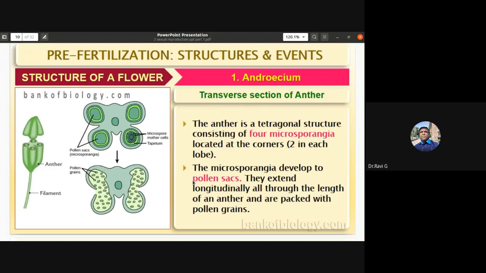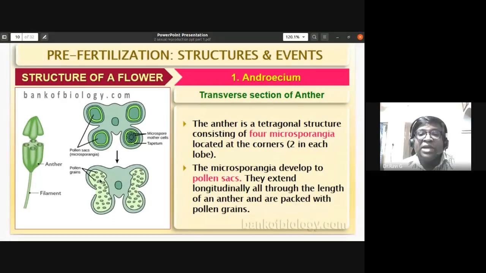See in the second diagram, you can see this microsporangia extends longitudinally to form a pollen sac, and this anther is packed with pollen grains. So you can notice this pollen sac formed by the extension of the microsporangia longitudinally.